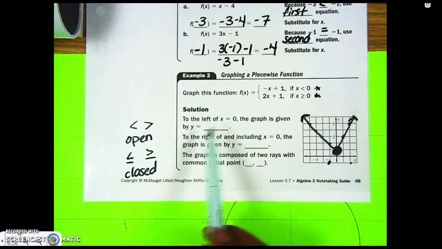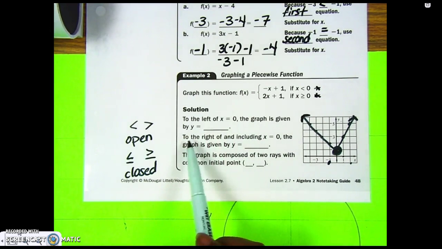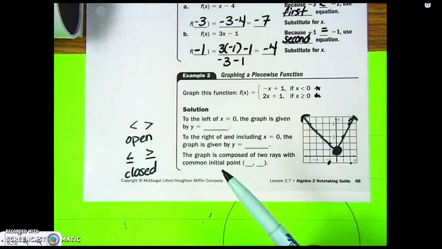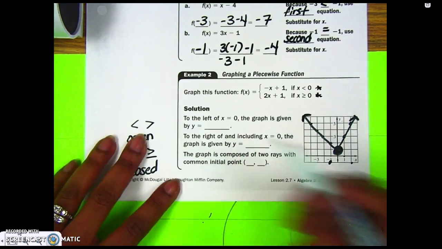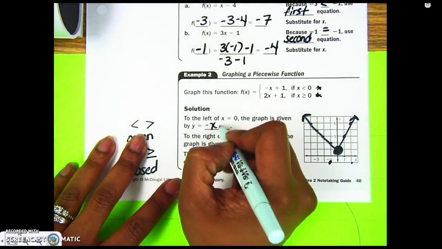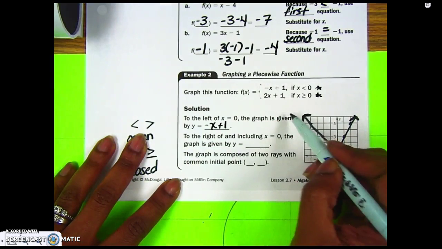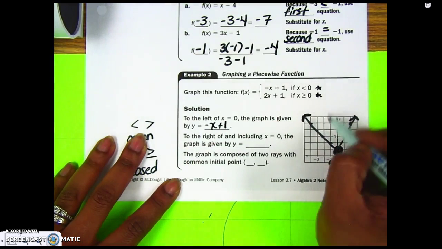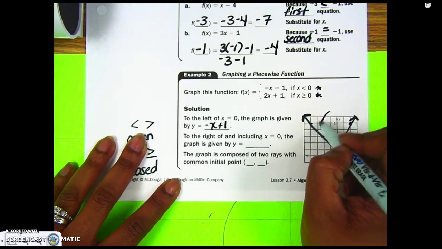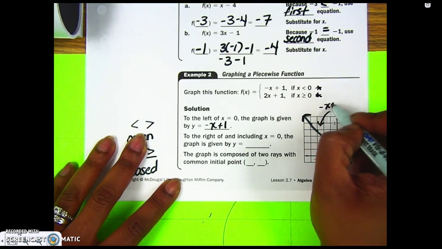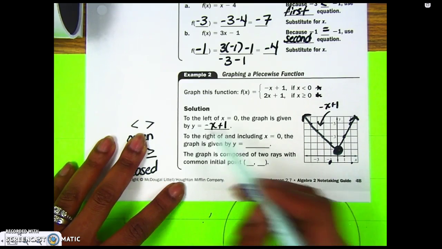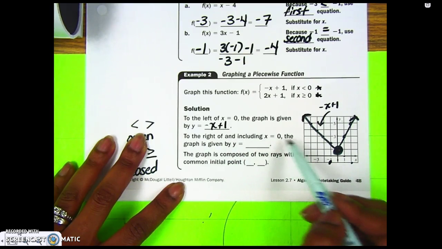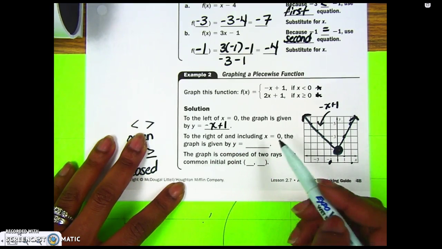Now, for the solution, let's fill in the blanks. To the left of x equals 0, the graph is given by negative x plus 1. And to the right, and including x equals 0, the graph is given by 2x plus 1.